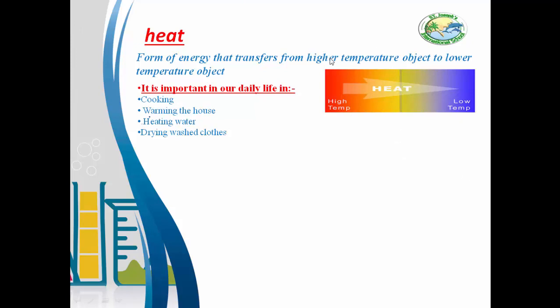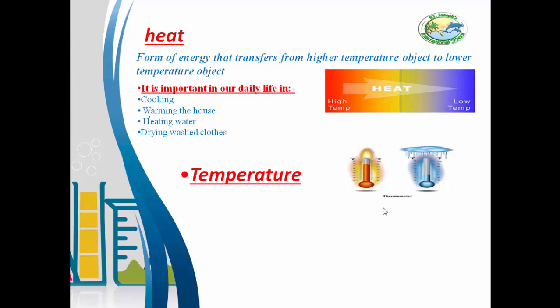Temperature. What is temperature? How can we describe the temperature of an object, or whether this object is hot or not? Temperature is a degree of hotness or coldness. So the degree of hotness or coldness of a body is called temperature.